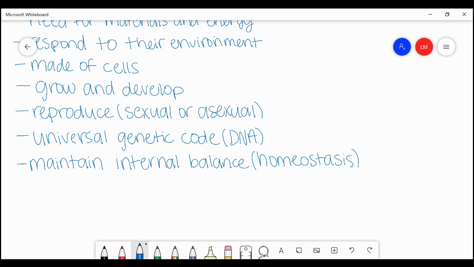An example of homeostasis is that you are able to maintain a body temperature of about 98.6, although some of us run a little bit lower than that. The last thing all living things have in common is that they evolve. And that is it for characteristics of living things.